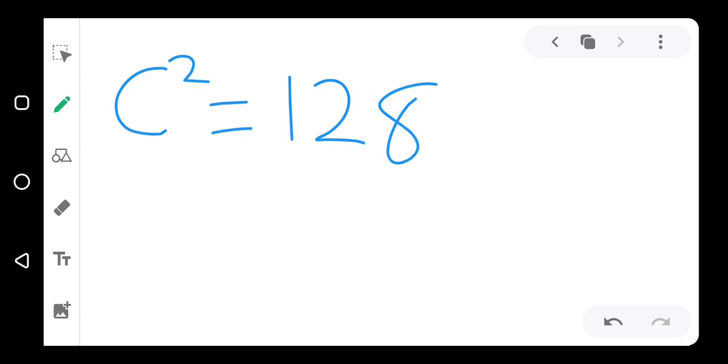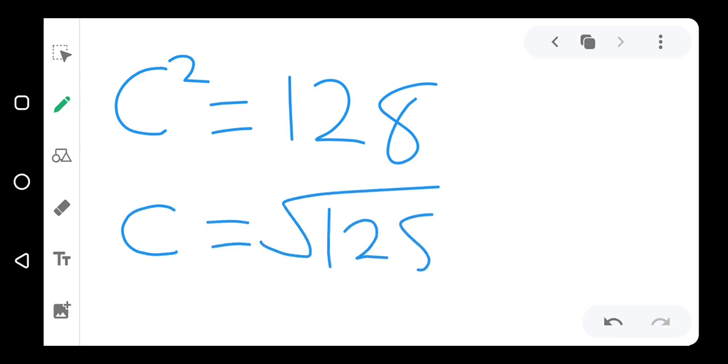Now to remove this square here, we move it to this side, and if it is coming to this side, it becomes a square root. So c is equal to square root of 128. Square root of 128, we check if we can see perfect square inside 128, and 128 is actually, we can divide it by 4 to get 32.